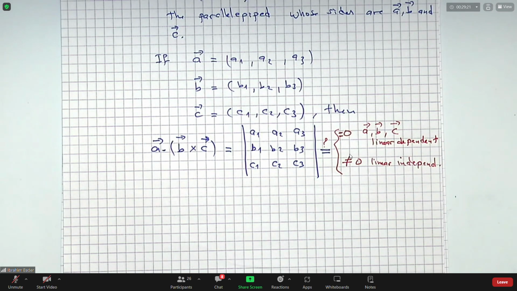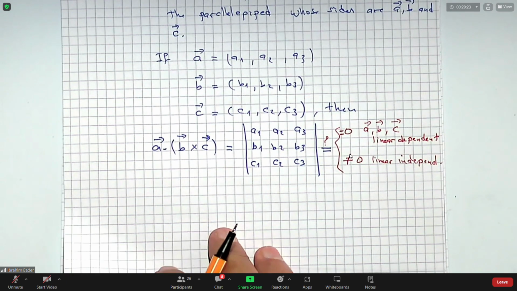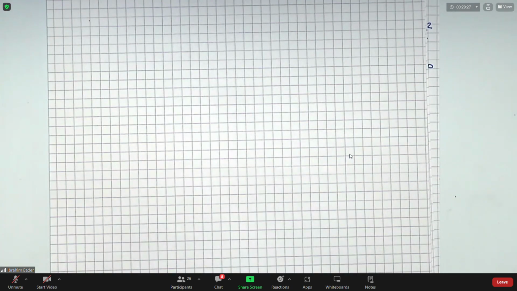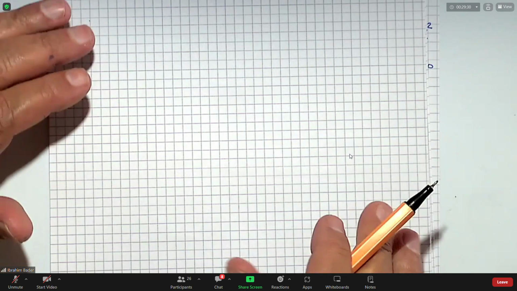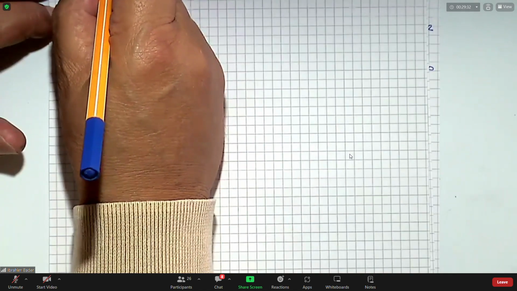So as you see here, evaluating determinants is a very central topic. Let's assume I want to evaluate the determinant.